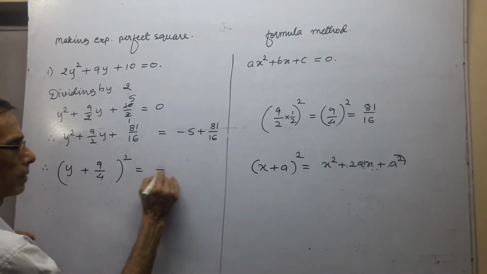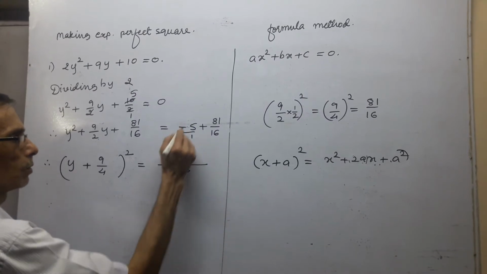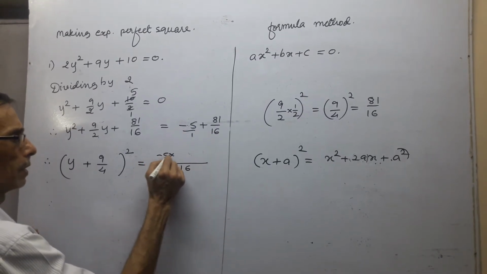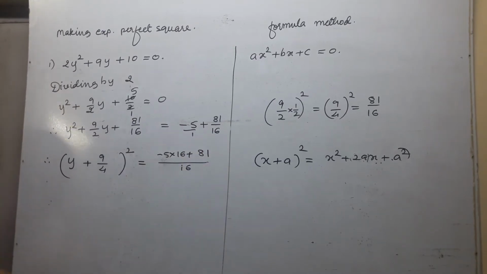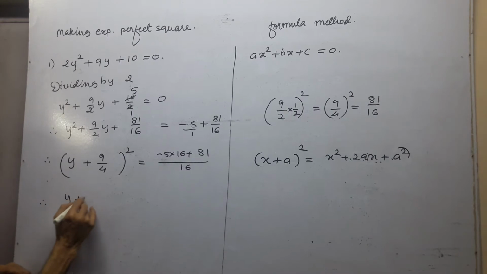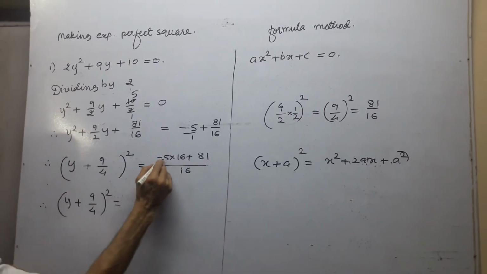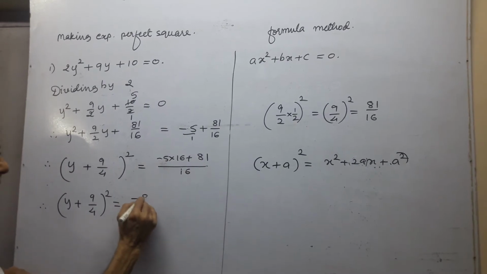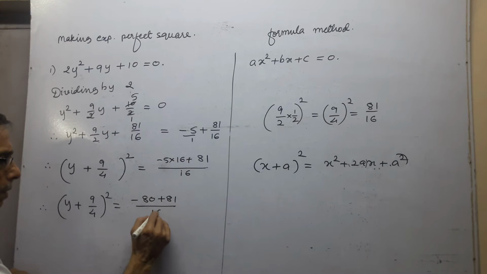Now simplify this. Here take LCM 16. So multiply minus 5 by 16 and 81 as it is. And therefore we get (y plus 9 upon 4) whole square is equal to minus 80 plus 81 upon 16, since 16 fives are 80.